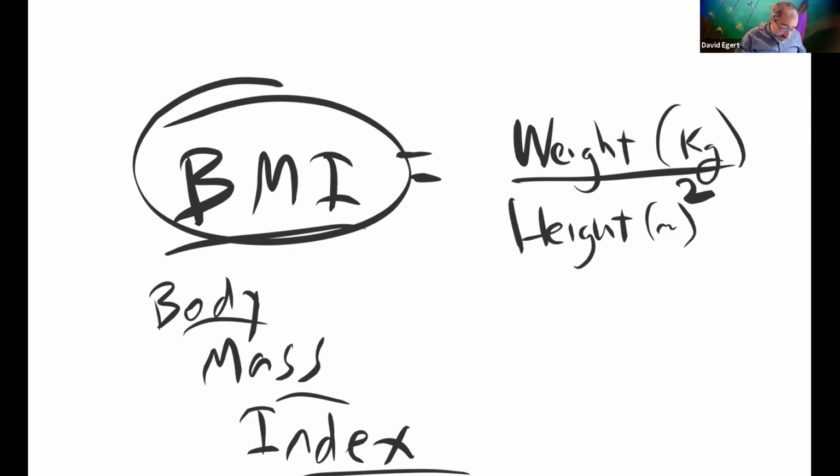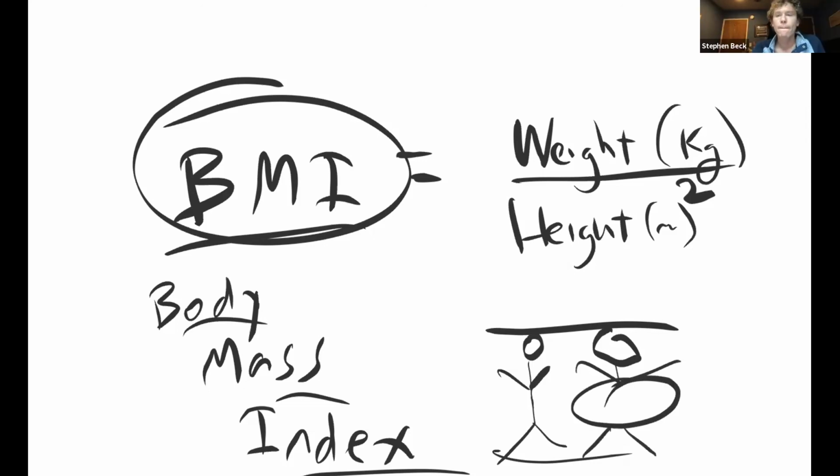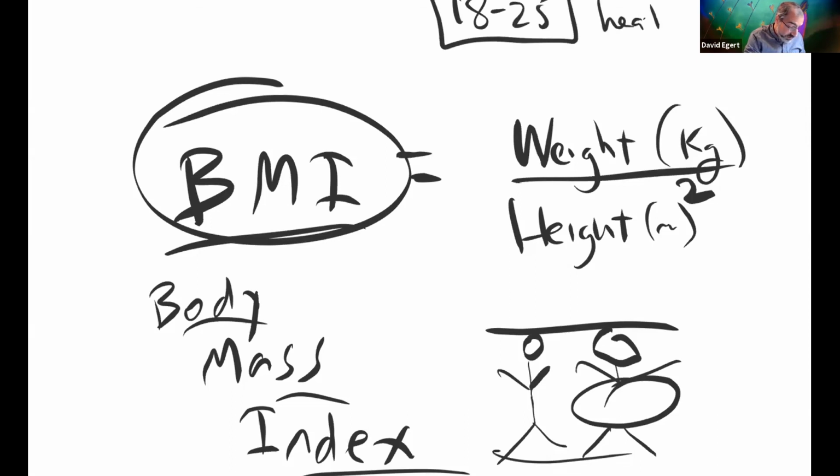the idea that if you have two people that are the same height, when BMI is between 18 and 25, this is what they call the healthy BMI. It means that your height to weight ratio seems to be in this healthy range.